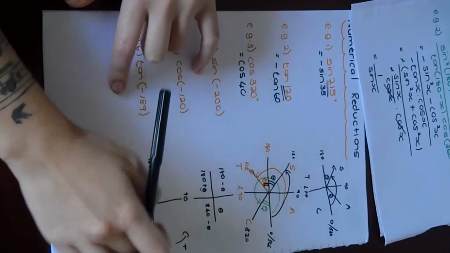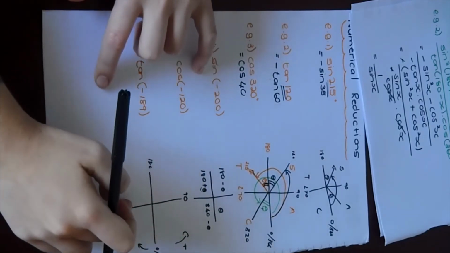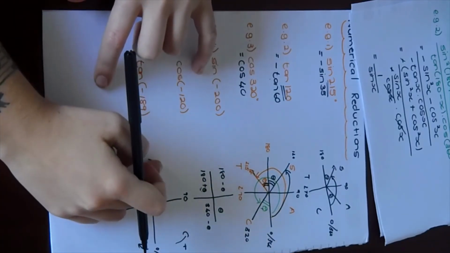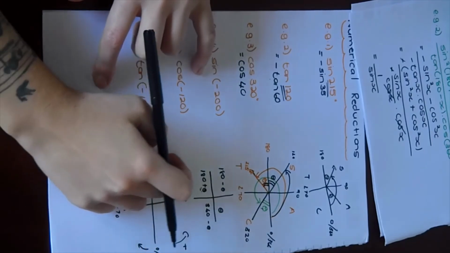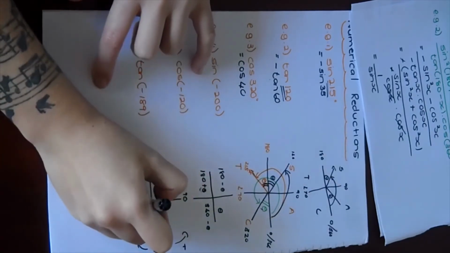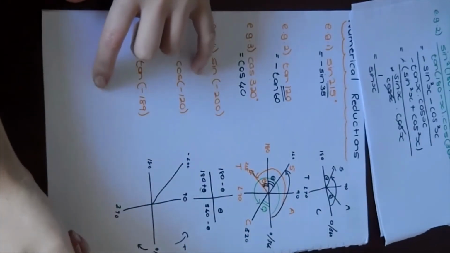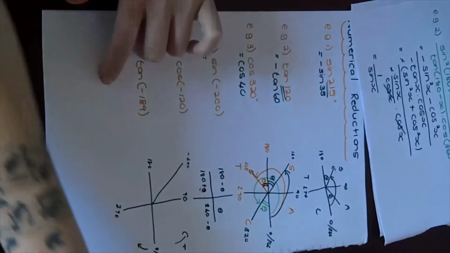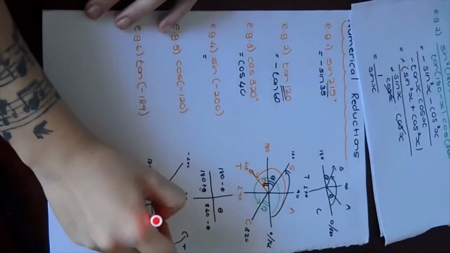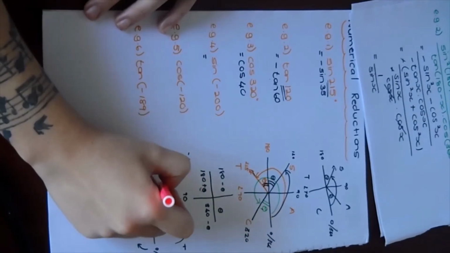Remember these are blocks of 90. So this is negative 90, then that's negative 180. So negative 200 is going to fall over here somewhere. So let's just say this is negative 200. That's where we're going.